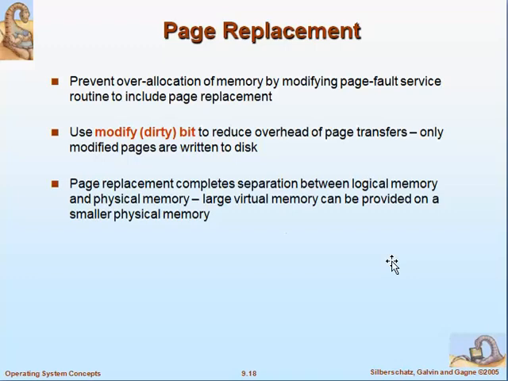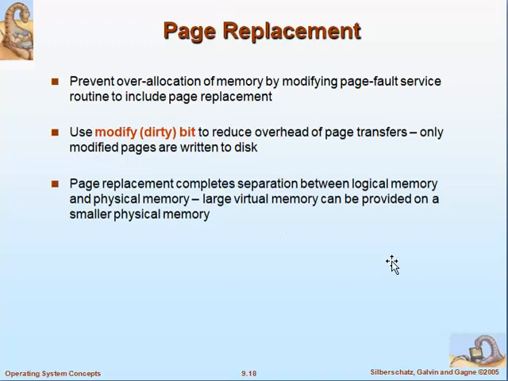We get the page fault whenever that particular page is not present in the page table. When it is not present in the page table, it is treated as an invalid reference.